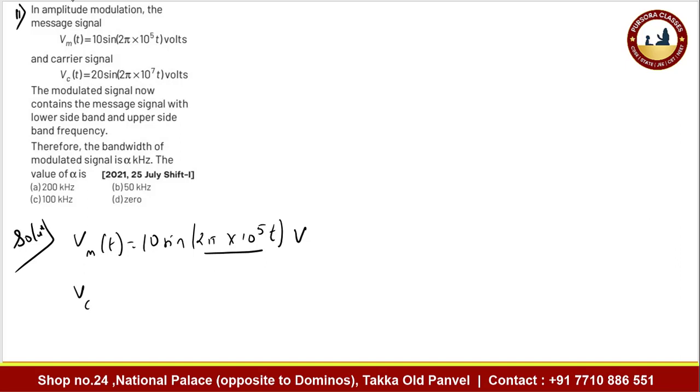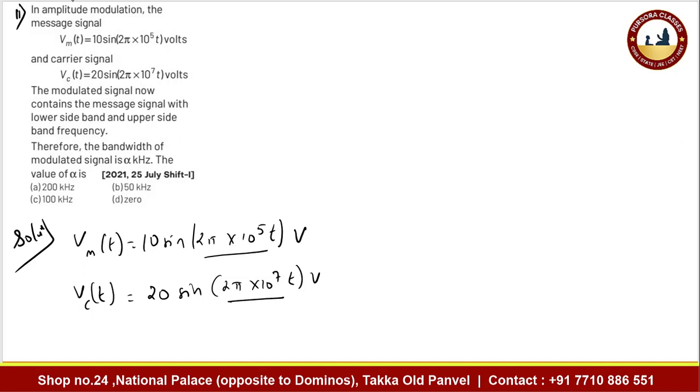And the carrier signal is given as 20 sine 2 pi 10 to the power 7 t volt. If we compare, we get V maximum, the peak amplitude, is 10, here it is 20.